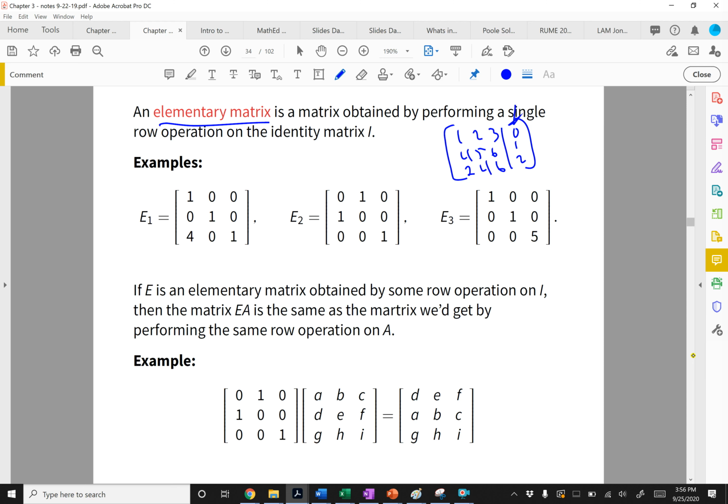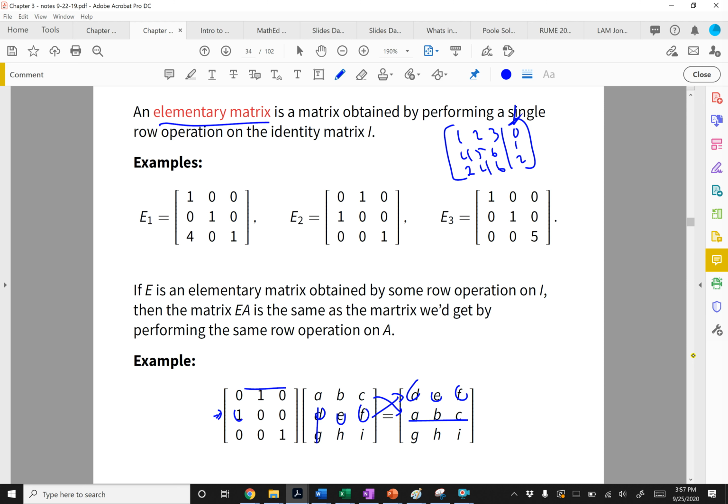So for example, down here at the bottom, if you want to switch two rows, notice this ABC goes down, this DEF goes up. If you want to switch two rows, then this is the matrix you multiply by. You take the 0, 1, 0, multiply it here, you just get 1D. So that goes up there. 0, 1, 0, come down, you just get your E. 0, 1, 0, come down, you just get your F. So that lines up that one. And then this takes the first row, because my one's going to hit all ABC in the first row, but I'm in the second row here, so it's going to end up ABC there.